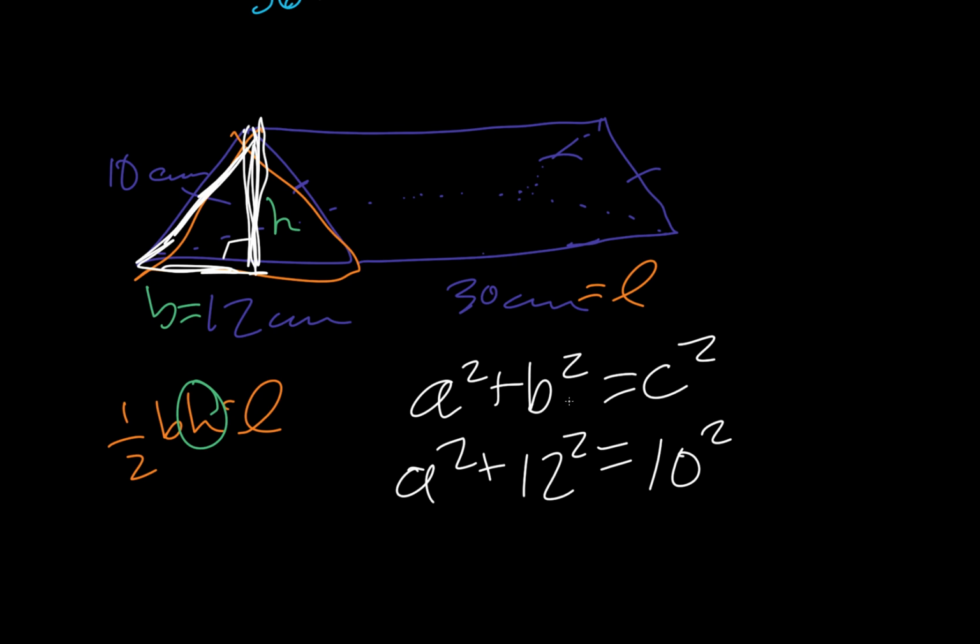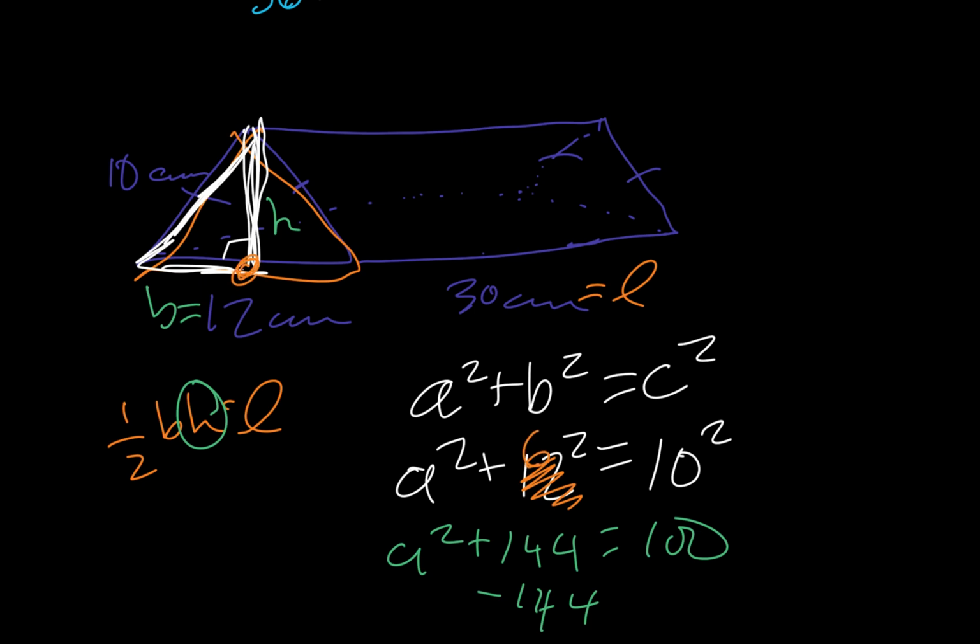Now, so this will be 144 equals 100 plus A squared. Whoops, I messed that up. This was supposed to be 6, because it's only half of the 12.